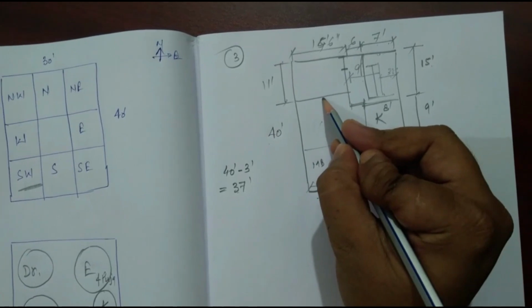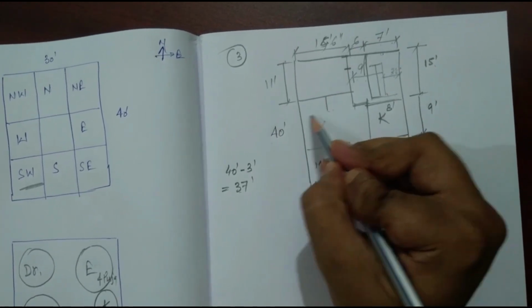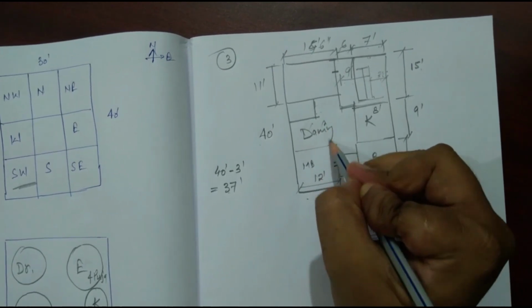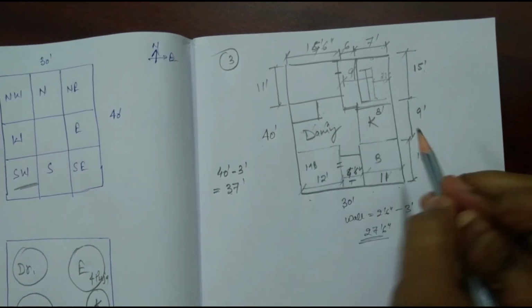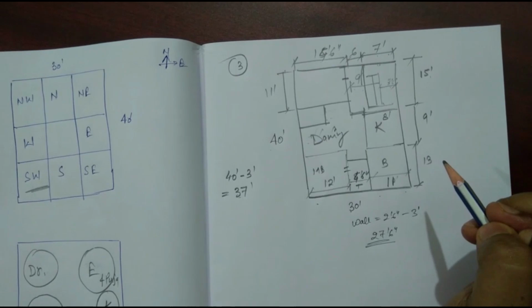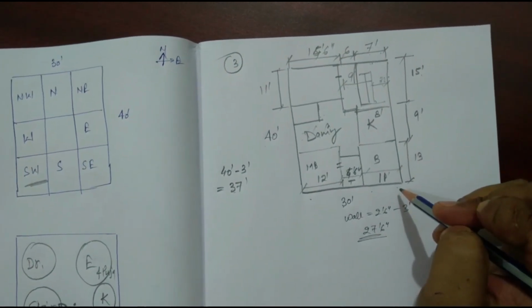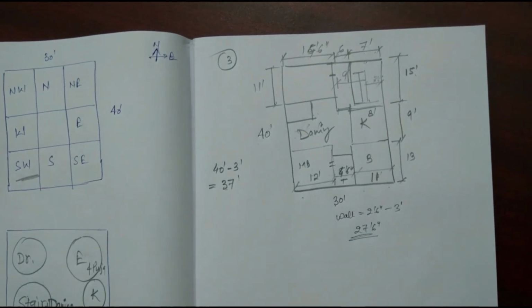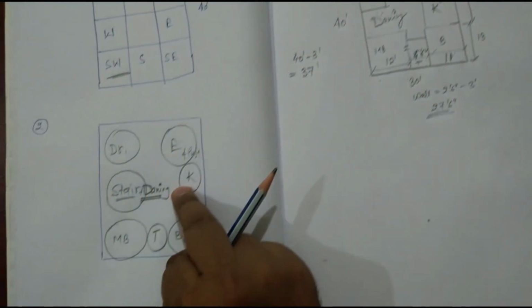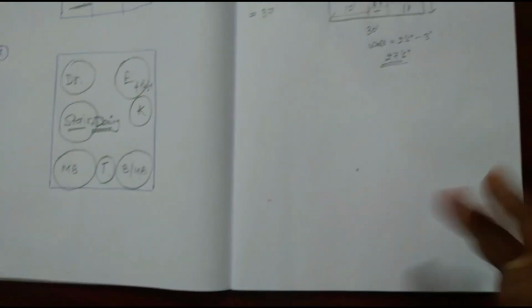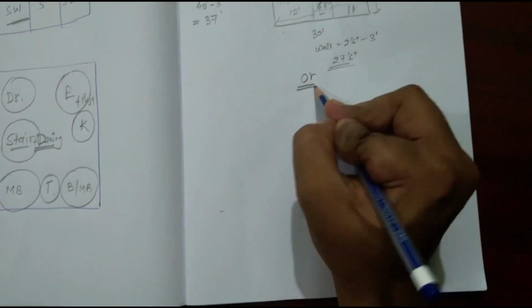Now let us, in the west direction, give a common toilet which can be utilized by the inhabitants of the room, and here we can give a dining area adjacent to the kitchen, as we had discussed in the bubble diagram. So when we have the bubble diagram, then we'll be able to plan the building. As you can see, it was so easy. So the next option we'll discuss.